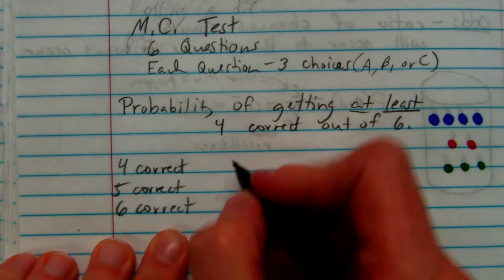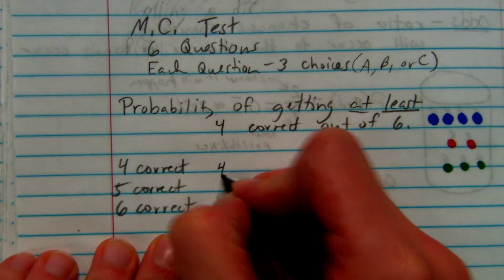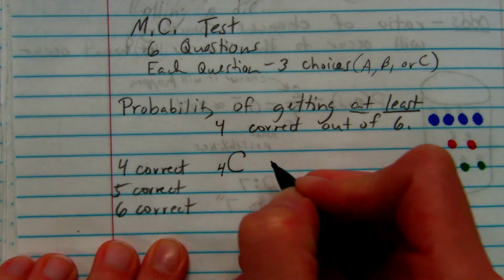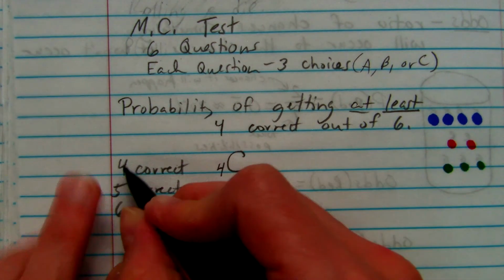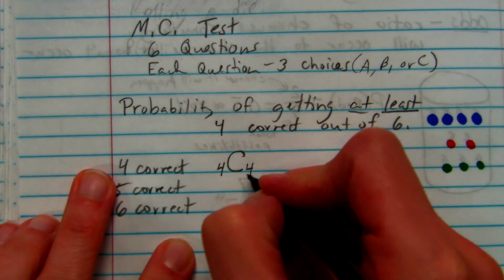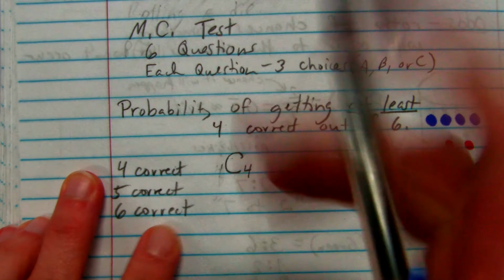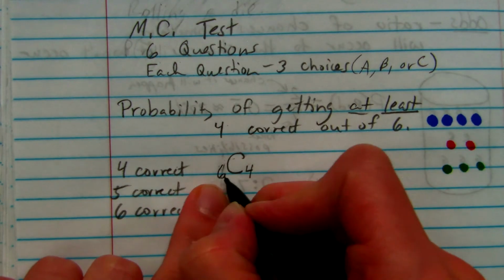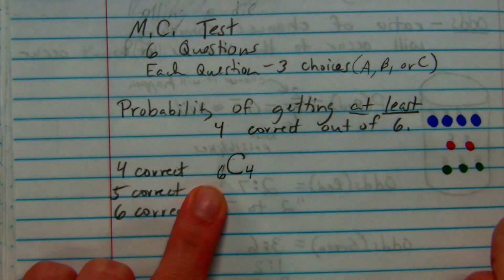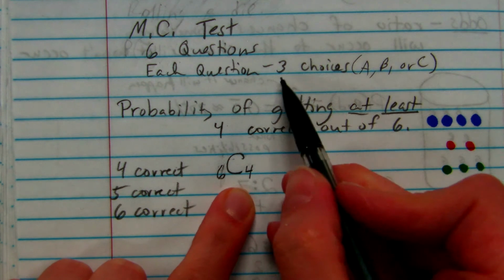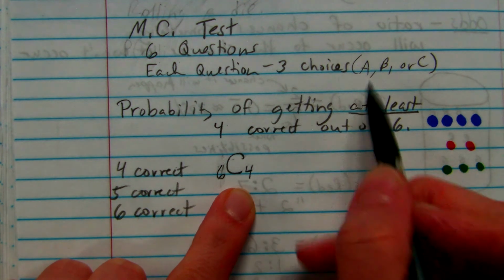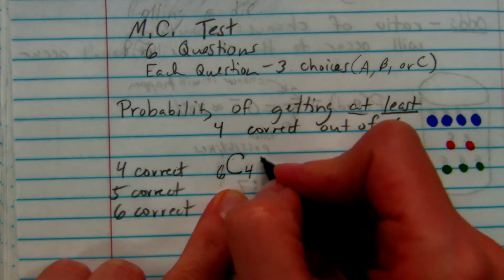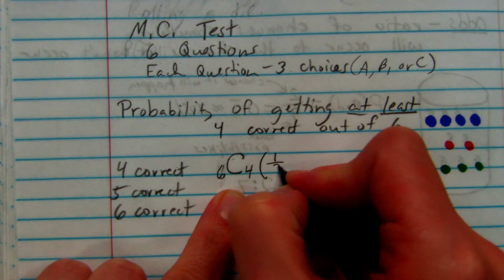Yes. So we're going to set this up. We're going to find a combination. Since we're getting 4 correct, or actually, I'm sorry, there's 6 questions. We're trying to get 4 correct, so 6C4. Then we have to figure out the probability of getting the problem correct if there's 3 choices. So that would be 1 chance out of 3.